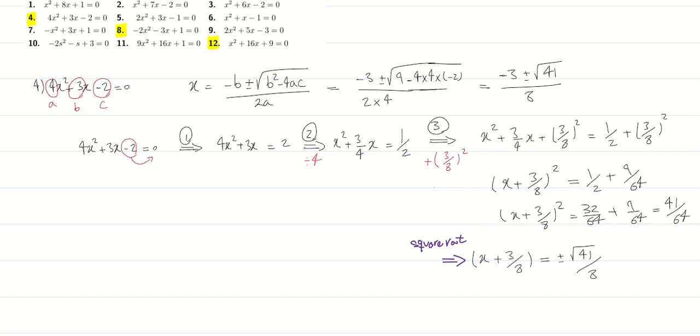Now what I can do is move the 3 over 8 in here to the right hand side, so its sign changes to negative. So my x would be equal to minus 3 over 8 plus minus the square root of 41 over 8. And since we have the same denominator in here, this can be written as 8 at the bottom, negative 3 at the top, plus minus the square root of 41. And that would be the same answer that we got from the formula.